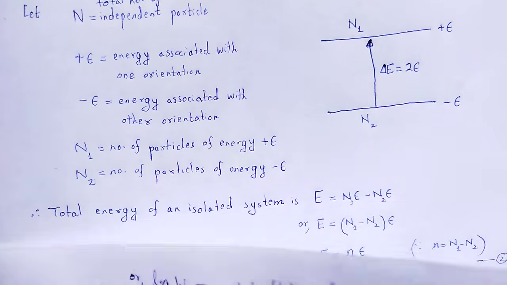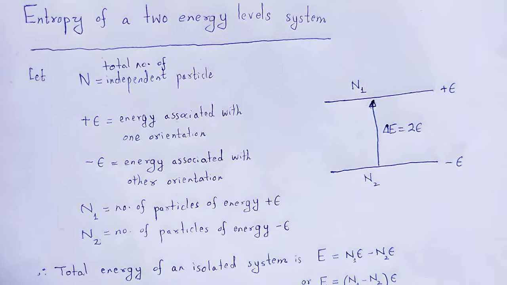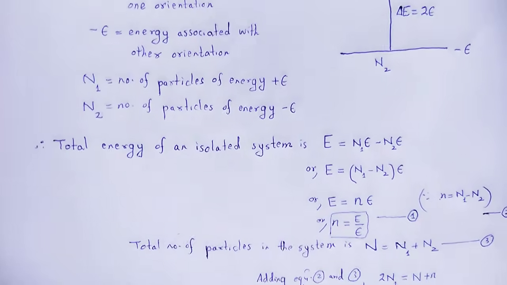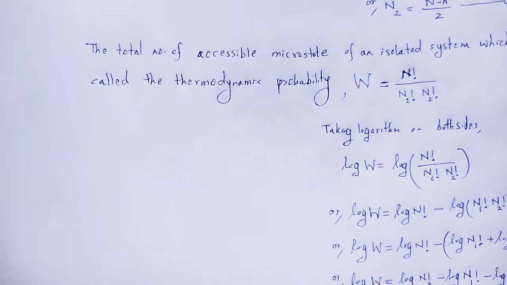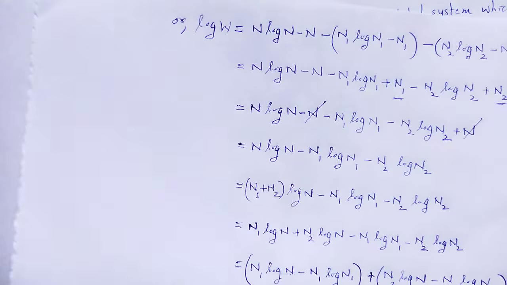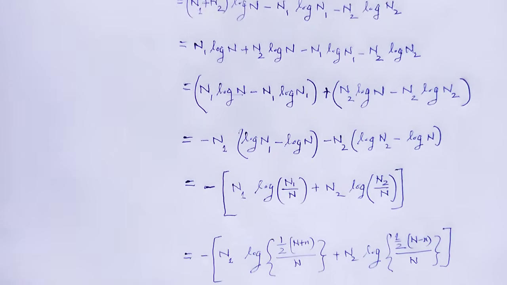So with the help of this video lecture, we understand the concept of entropy of a two energy level system. Mathematically we show it. First, expression for thermodynamic probability.